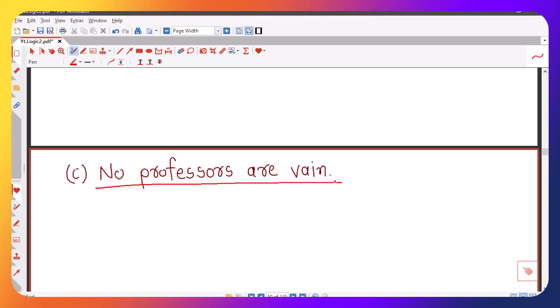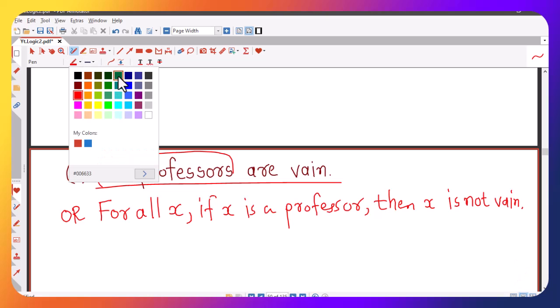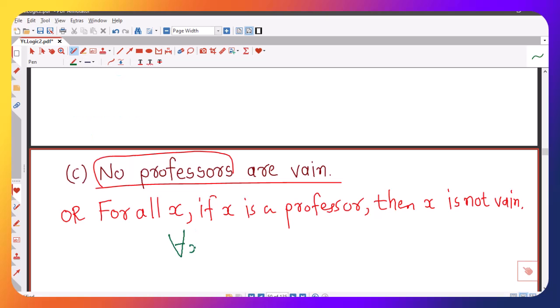Next one is no professors are vain. So what is the meaning of this? Whenever x is a professor, x is not vain, and here it is given that no professors are vain. That means for all x in the set of all people, if x is a professor, then x is not vain. And whenever we have for all x, we will use the universal quantifier.